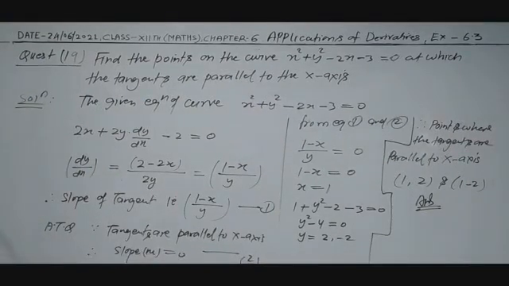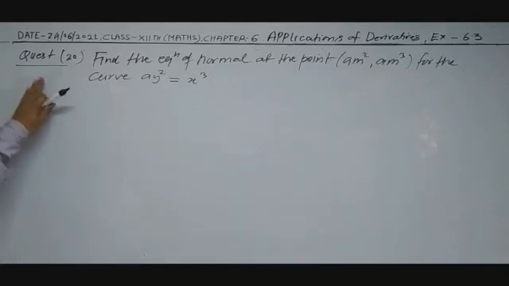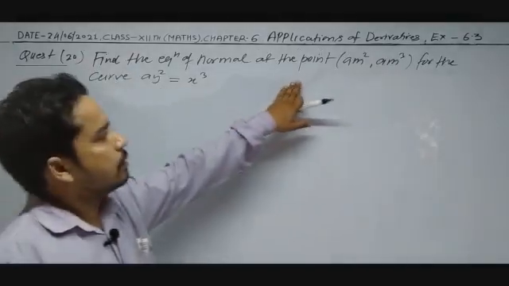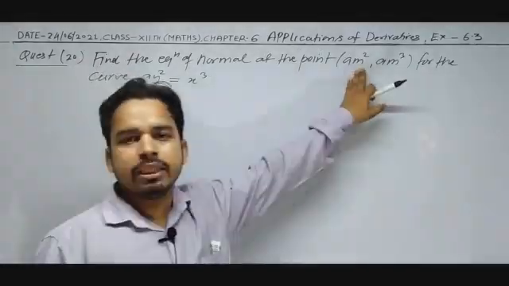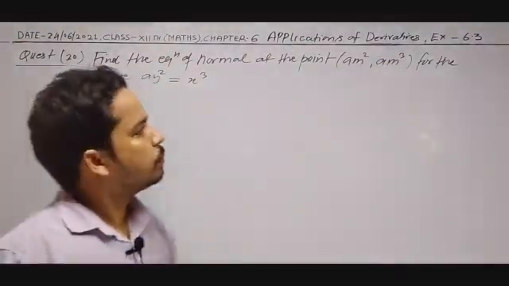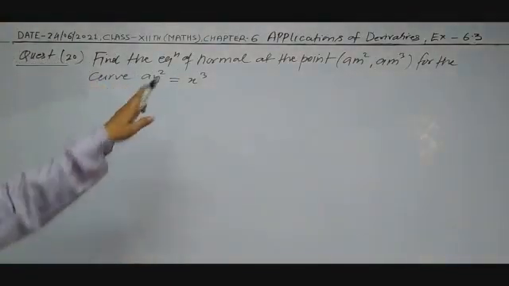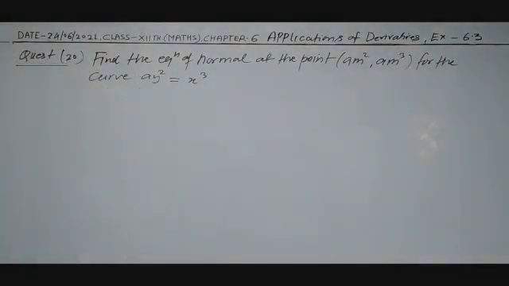Now come to question number 20. Question number 20 is, find the equation of normal at point am square, am cube, meaning the normal line is passing through the point (am square, am cube), for the curve. The given equation of curve is ay square equals x cube.